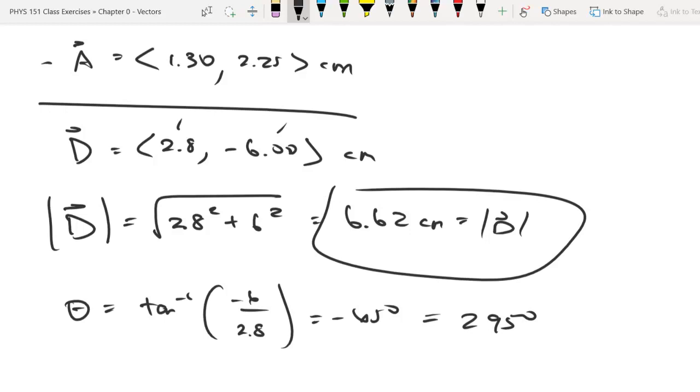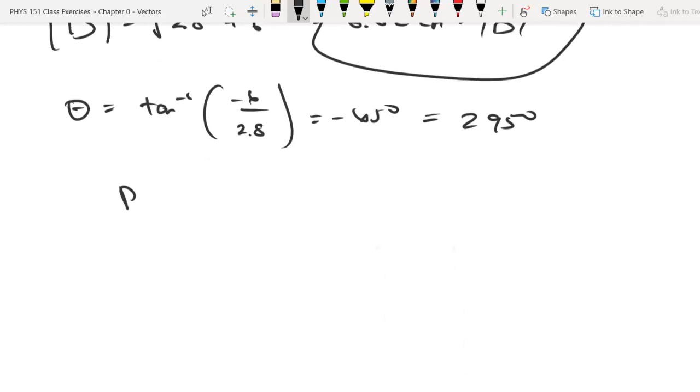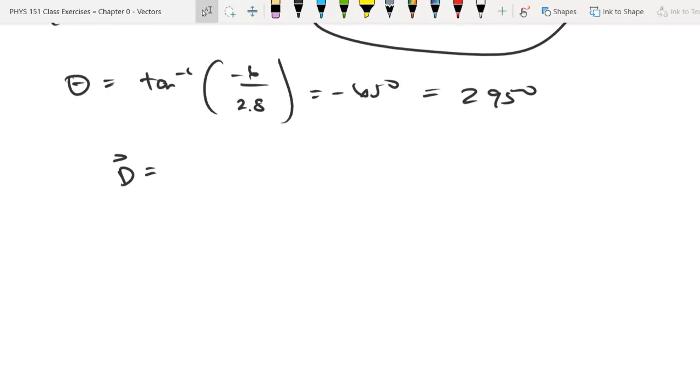And so we can say that vector D is equal to 6.62 centimeters at 295 degrees, or at negative 65 degrees.